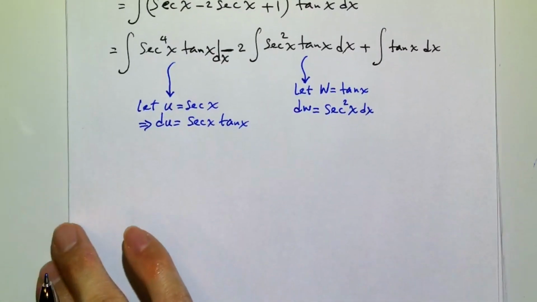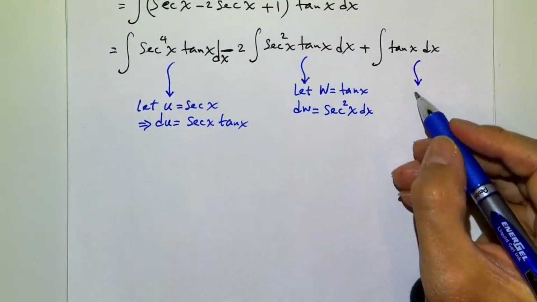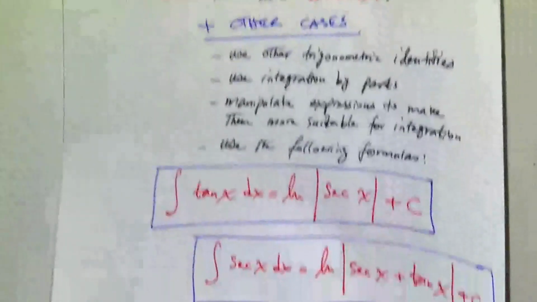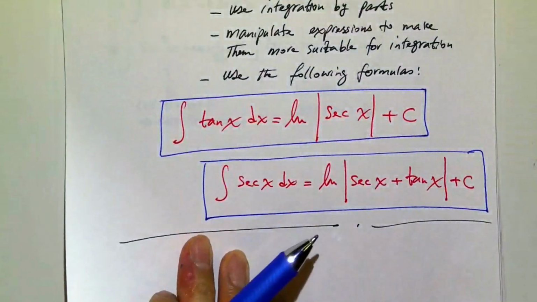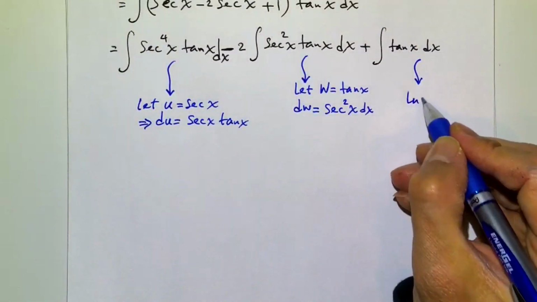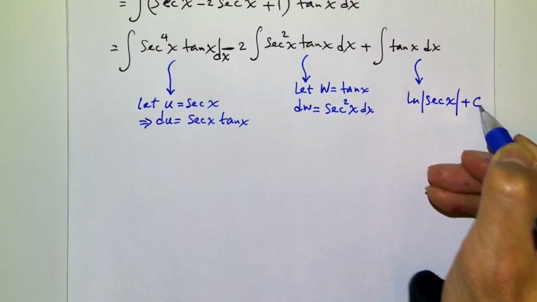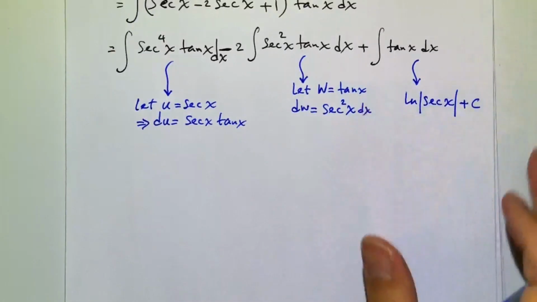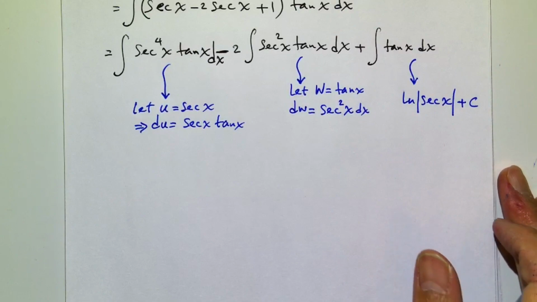Okay? And then that one will integrate, just like we showed using these formulas, to natural log of secant x plus c. So let me write that, natural log of secant x plus c. I just don't want to be off the screen there. Let me adjust. Okay, everything's on the screen.